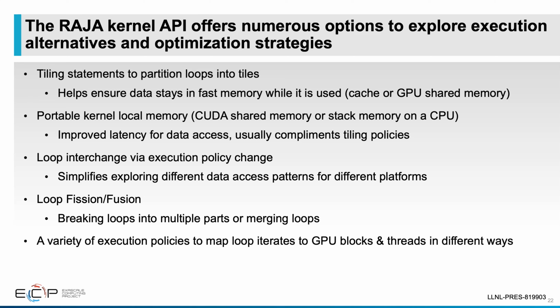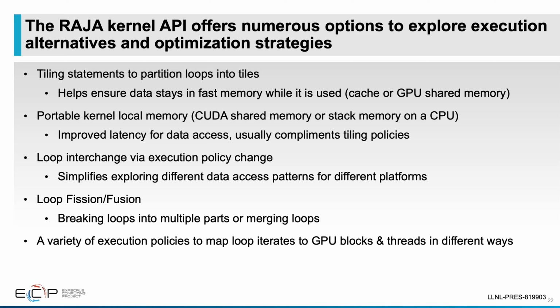There's access to portable kernel local memory. This would be CUDA shared memory on the GPU using NVIDIA, or stack memory on the CPU. There's capabilities to do loop interchange via execution policy change, as we saw earlier. There's also support for things like loop division and fusion. And then when it comes to GPU programming, there's a variety of policies to help map loop iterates to GPU blocks and threads in different ways.